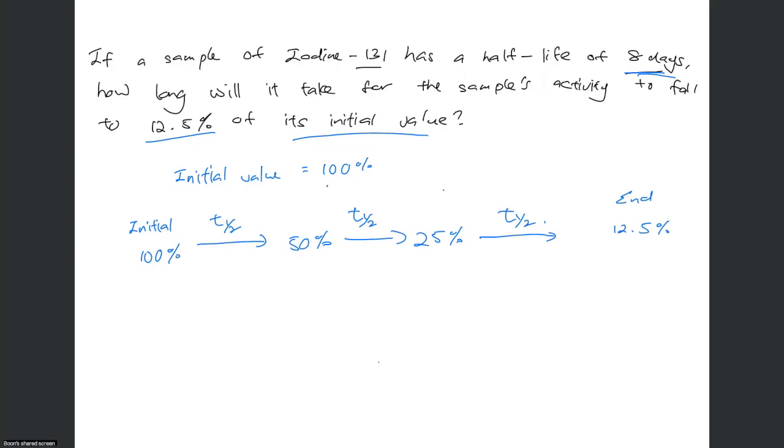So we know that 1 half-life is 8 days, and we need to undergo 3 half-lives, so it will be 8 plus 8 plus 8 equals 24 days. All right, let's move forward.